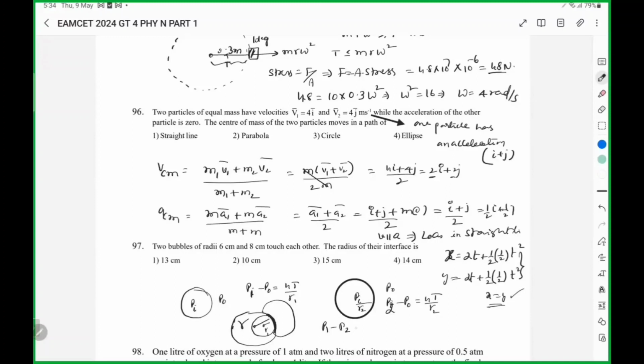P1 minus P2 will be 4 sigma into 1 by R1 minus 1 by R2, which is the same as the effective pressure difference 4 sigma by R. So 1 by R is 1 by R1 minus 1 by R2, 1 by 3 minus 1 by 4, 4 minus 3 by 12, R will be 12 centimeters. Let us correct it. R equals R1 R2 by R2 minus R1. Right.